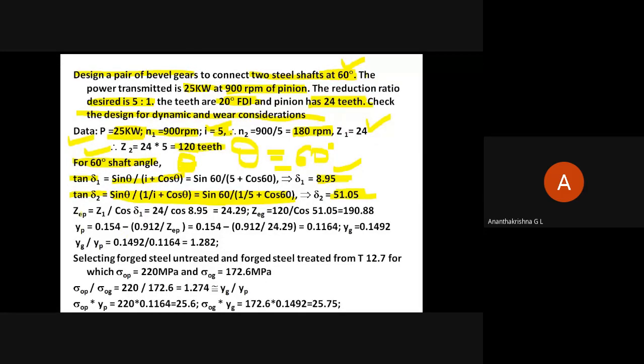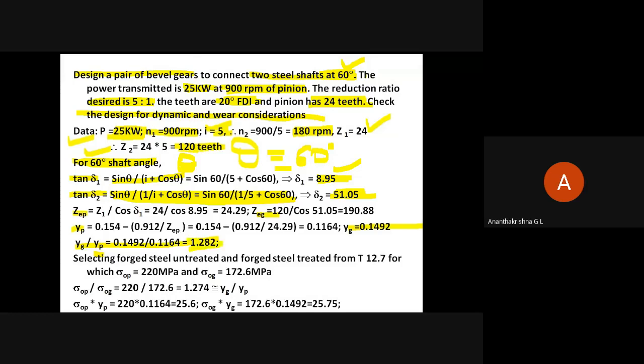Then calculate the virtual number of teeth on pinion and on gear. Then find the Lewis form factor on pinion and on gear, and then find the YG by YP ratio, which in this case I am going to get as 1.282.